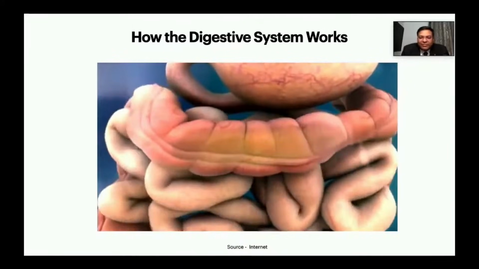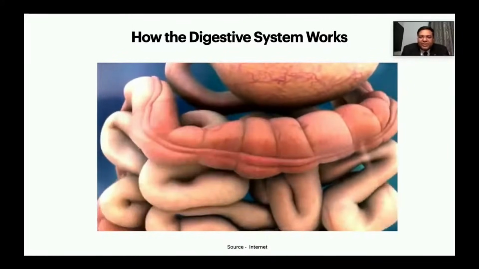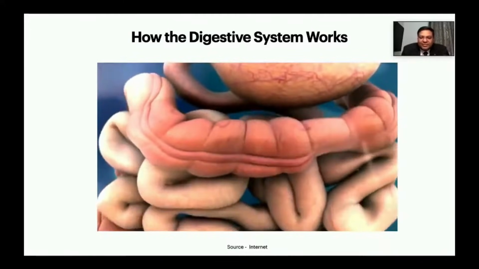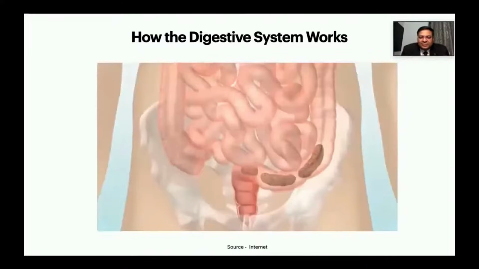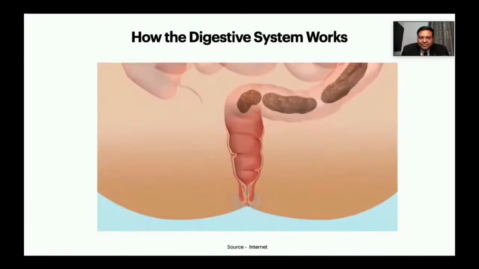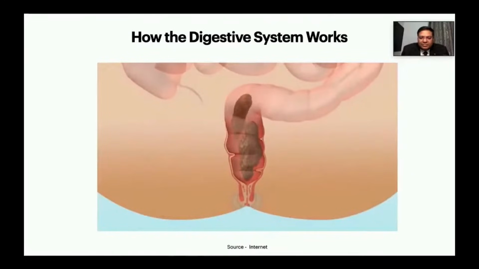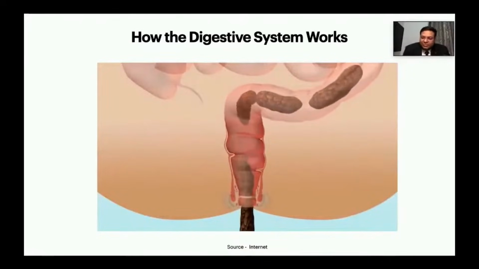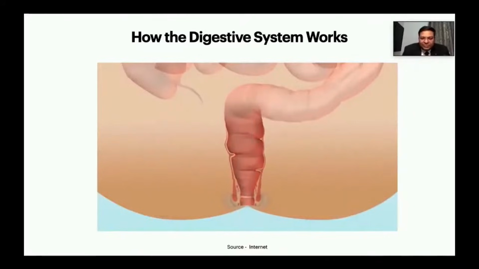And finally, the leftover fibers, bacteria and all are pushed into the rectum. The leftovers accumulate in the rectum. And then finally, in the morning or whenever you go for motion, it comes out.